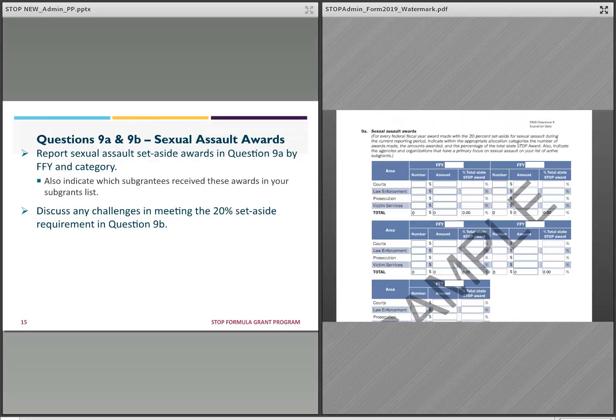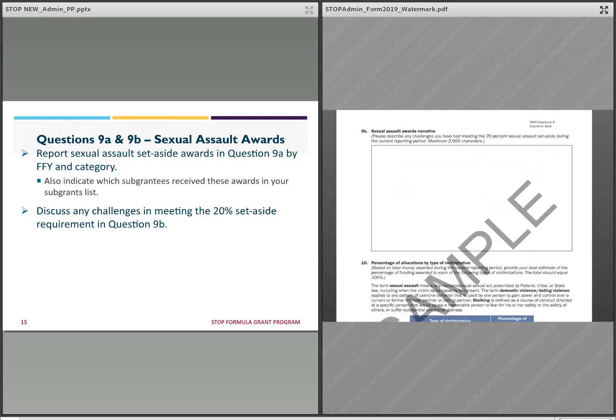Questions 9A and 9B ask about sexual assault awards by federal fiscal year and by category. You should also indicate which subgrantees received these awards in your subgrants list. In question 9B, discuss any challenges in meeting the 20% set-aside requirement for sexual assault awards.